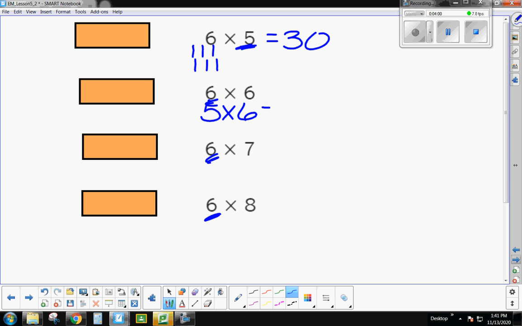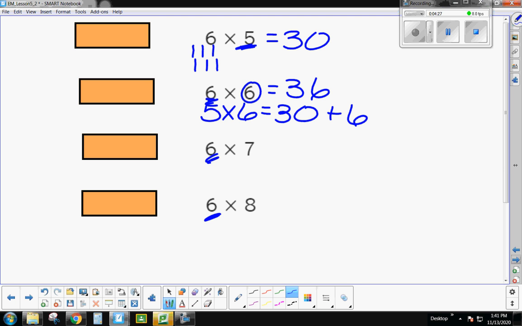I know that 5 times 6 is 30, so 6 times 6 would just be adding on another group of 6, right? Instead of 5 groups of 6, I have 6 groups of 6. So add on 6 more, and that would give me 36. Plus, Mrs. McMullen has a rhyme. 6 dogs with 6 sticks. 6 times 6 is 36. That's one of our squared facts that we should have memorized in our head.